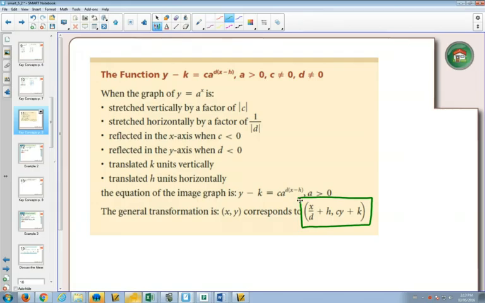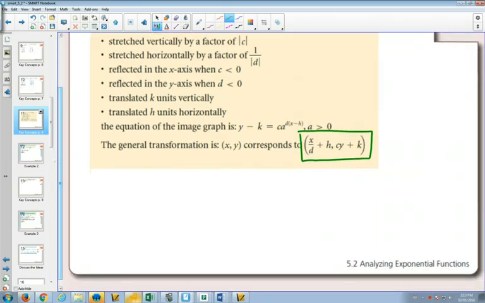You're going to start with your parent graph: always the point (0, 1), always an asymptote at y equals 0, and then one other point, (1, whatever your base is). And then you're going to work from left to right to do transformations. So we're going to see what that looks like.